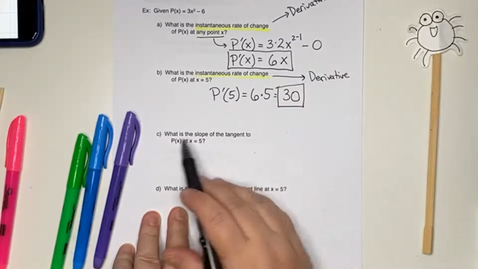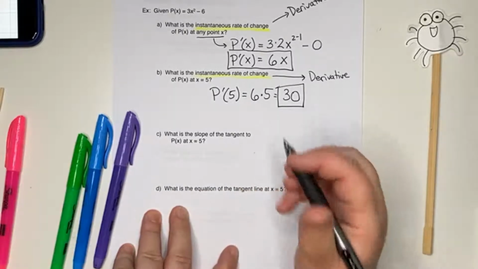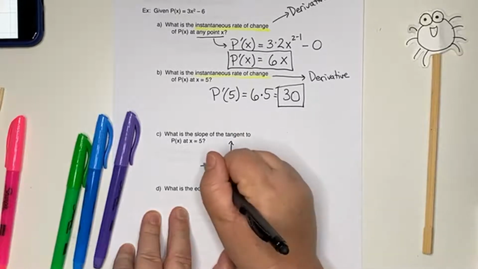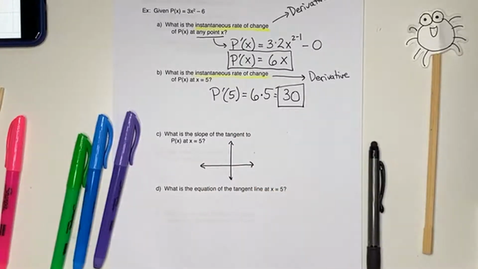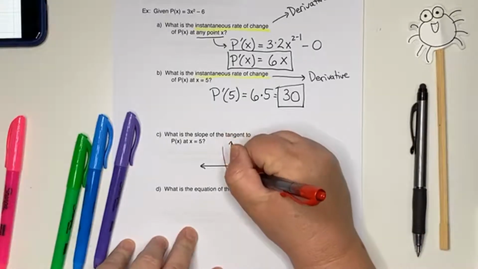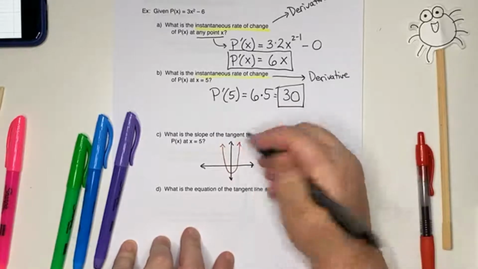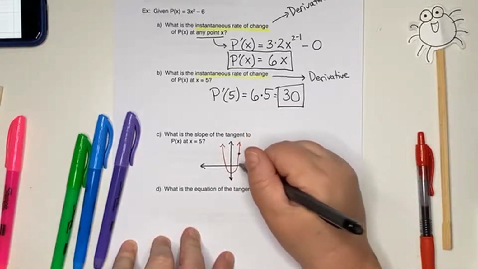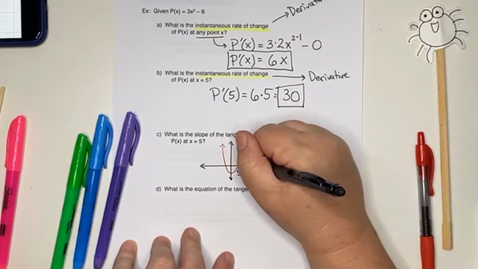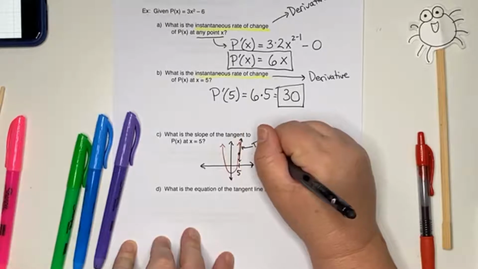Okay. What is the slope of the tangent to p of x at x equals 5? And again, I'm going to draw a little poorly drawn graph. Remember, it looked a little bit like this. And if this is x equals 5, then this is the tangent.